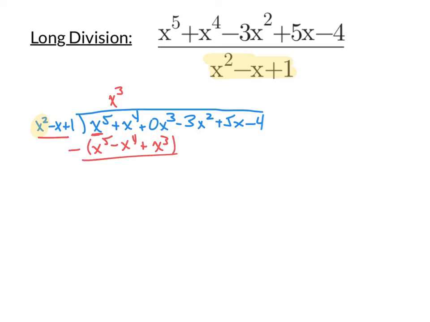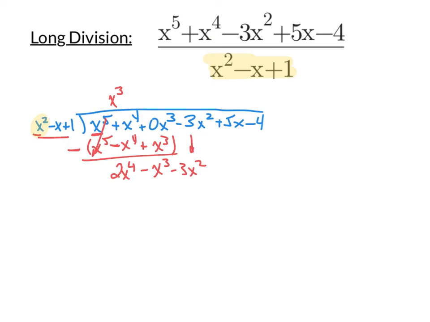And subtract all of that. The x to the fifths are going to cancel. Don't be fooled: x to the fourths do not cancel. We have x to the fourth minus a negative x to the fourth, so it'd be 2x to the fourth. And 0 minus x to the third is a negative x to the third. And we bring down the negative 3x squared and do it all again.